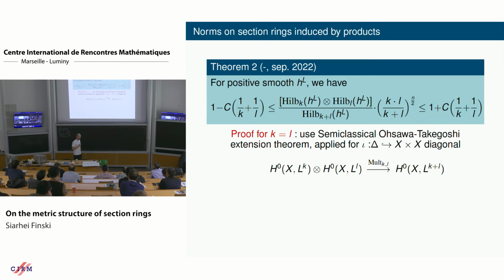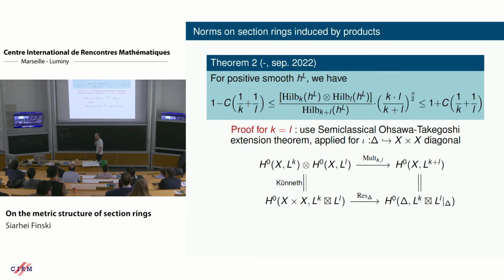The reason why the diagonal embedding is relevant is because, you see, this quotient is taken with respect to the multiplication operator going from the two cohomologies of lower order to the cohomology of higher order. But if you apply the Künneth isomorphism to identify the tensor product of the cohomologies with the cohomology of the direct product of two manifolds, you will see that this multiplication, under this identification and the identification of the diagonal with our manifold, corresponds precisely to the restriction operator.